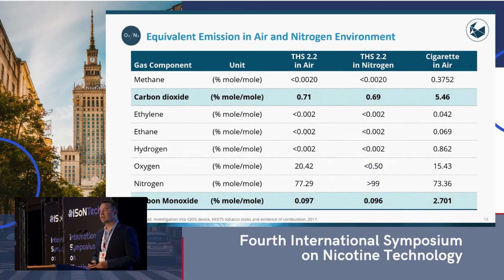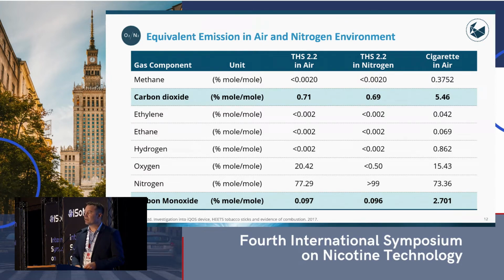Also, if you look at the emission levels, we did experiments in air and in nitrogen on our tobacco heating system. If you look at carbon dioxide and carbon monoxide values, the first thing you see is that they are significantly lower compared to combusted cigarettes. These are the products in air and in nitrogen.